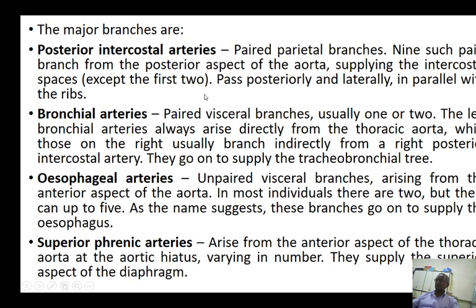These are paired parietal branches, nine such pairs from the posterior aspect of the aorta, supplying the intercostal spaces except the first two. They pass posteriorly and laterally in parallel with the ribs, that is, in the inferior groove on the internal aspect of the rib, and supply the intercostal spaces.